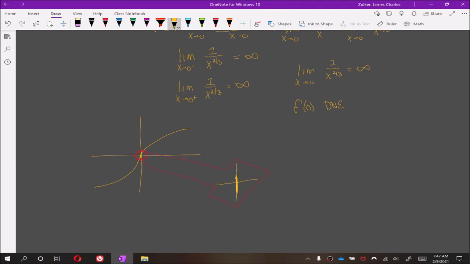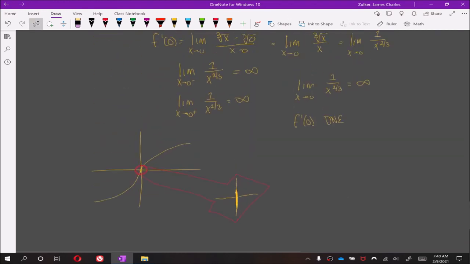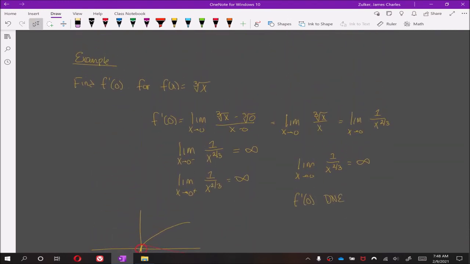So whenever at a point the graph is completely vertical, the derivative does not exist, right? It's an infinite slope. It's an infinite derivative. But once again, cube root of x is continuous at 0.